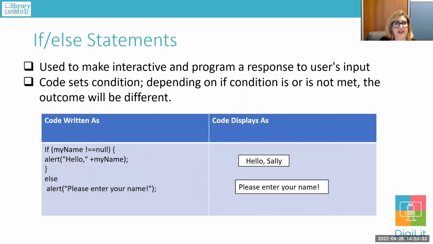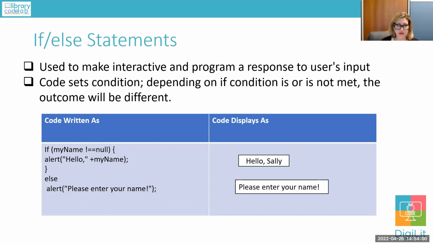Okay, all right, so we are moving on to conditional statements. This is what we're going to practice in our final exercise. Just like in life, we make decisions that are based on conditions or circumstances. So if we're tired, we go to sleep. If we're not tired, we wake up and go on about our day.